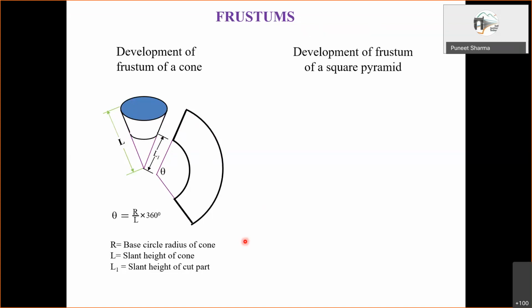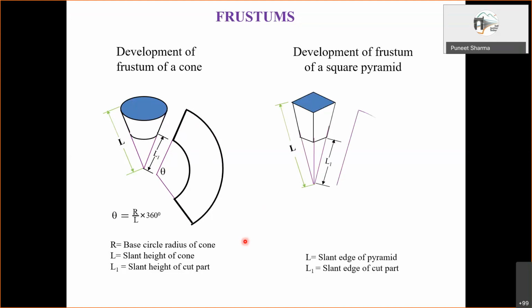Then the case of a pyramid. For a square pyramid it is shown here. Again we'll have to first of all complete this, and then we can draw this sector. This is the true length of this slant edge, and this is for the top surface, L1.